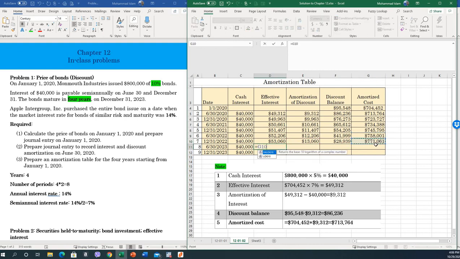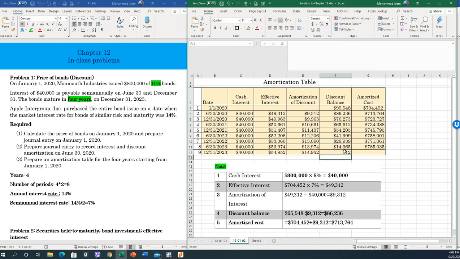So again, start with this, so this minus this one should be this one plus this one. Okay, and finally this one multiplied by 0.07, and which is equal to this minus this.